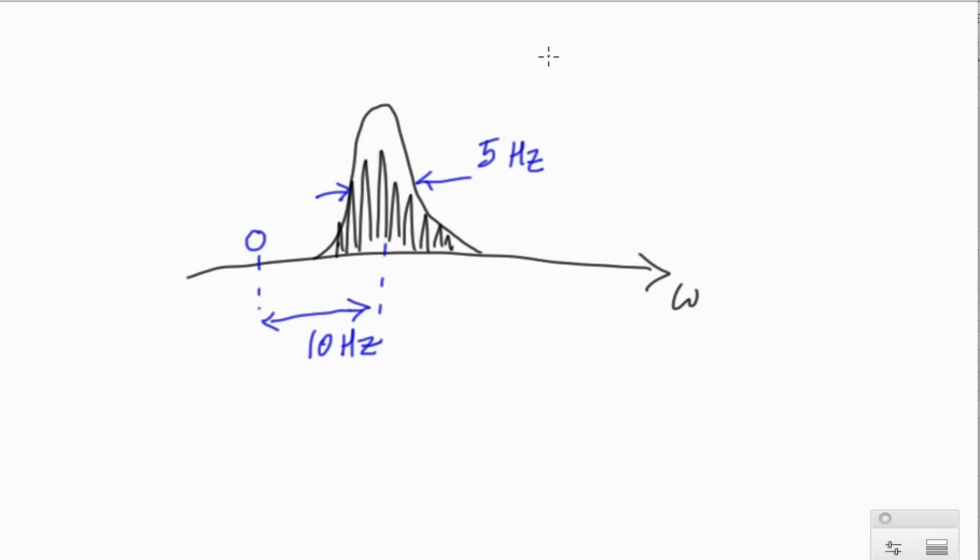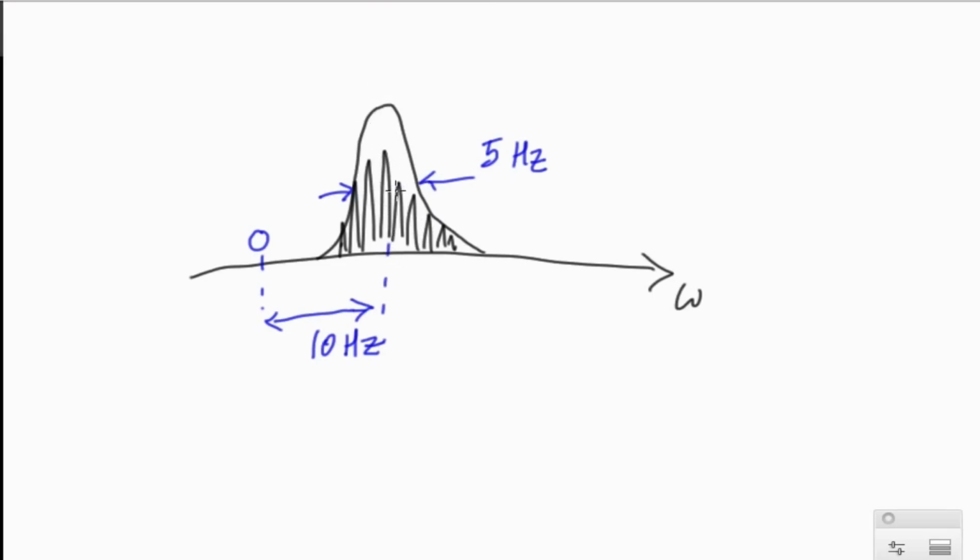Now in statistics, you would say that there's a distribution, a statistical distribution of resonance offsets here. And in the absence of any other evidence, you would probably guess that it might be a normal distribution. So a bell-shaped curve, a Gaussian, with a certain center point at 10 Hertz, and then a standard deviation of a half of 5 Hertz.